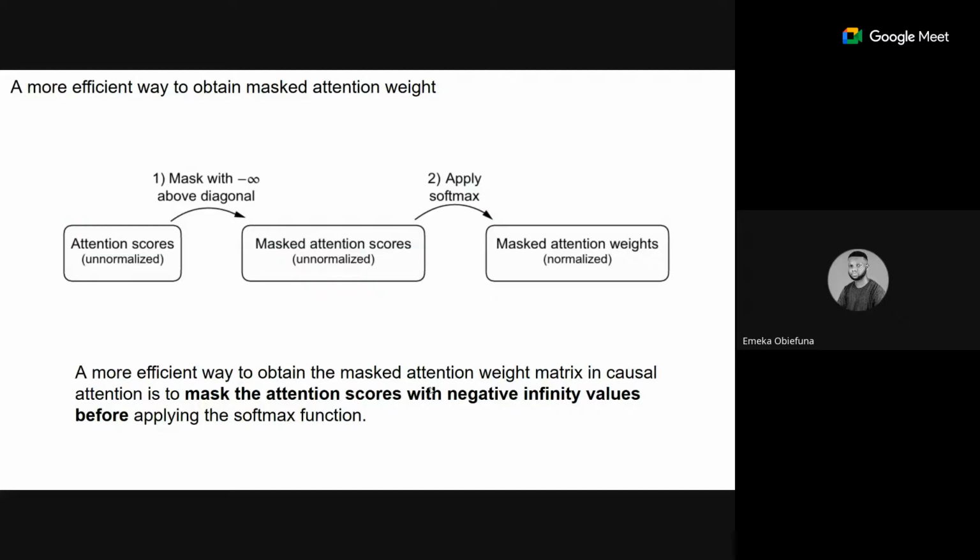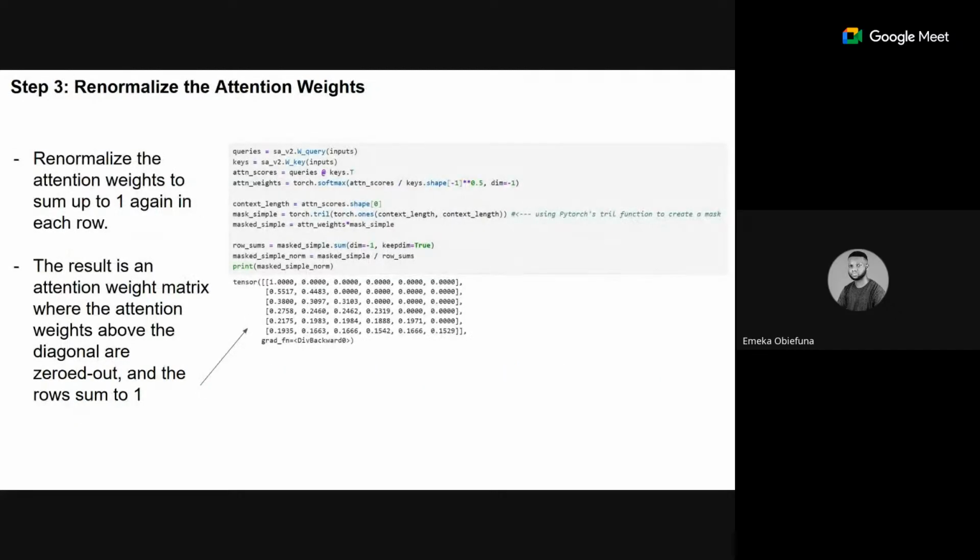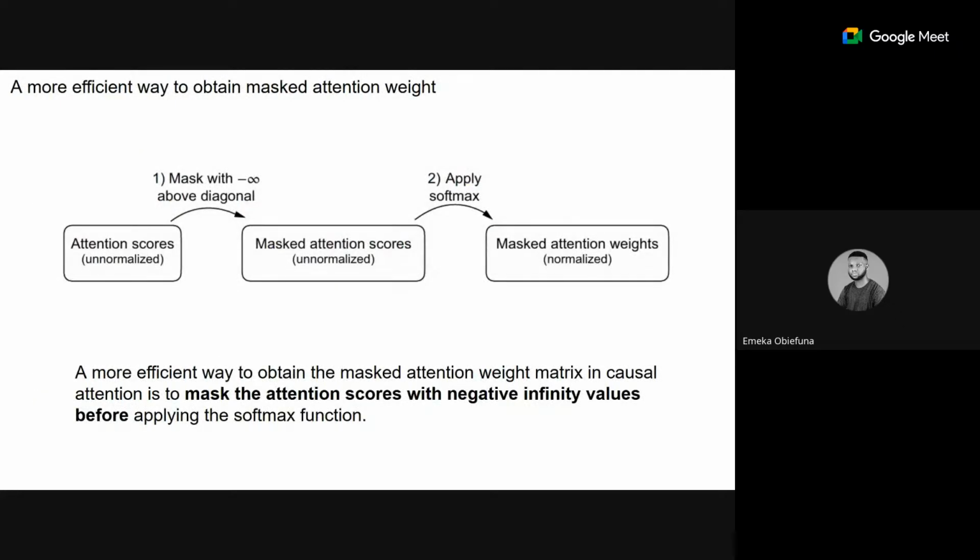But there is a more efficient way of doing this instead of what we just looked at. If you are optimizing for efficiency and speed, this is a more practical way of doing it. The reason why I did this is for us to have a picture of what exactly this masking looks like and how it's achieved. So a more practical way is what we're about to look at.